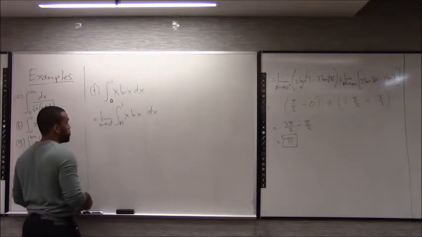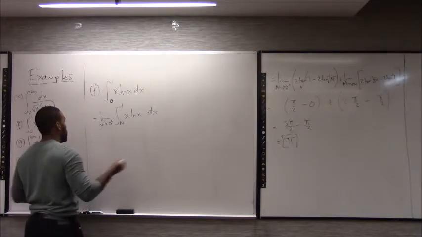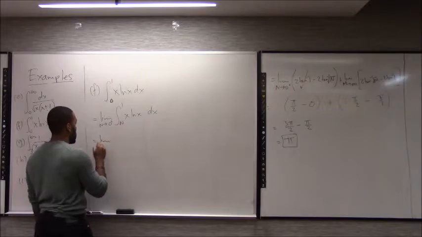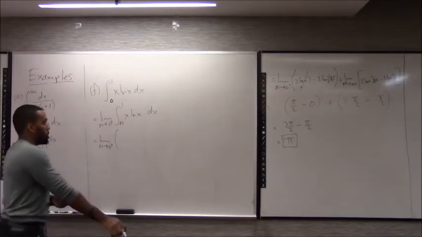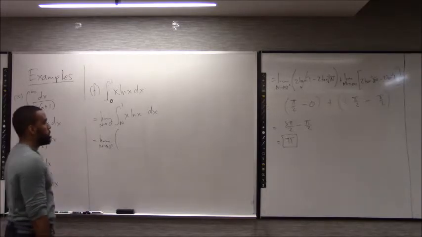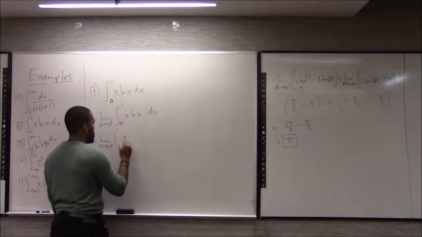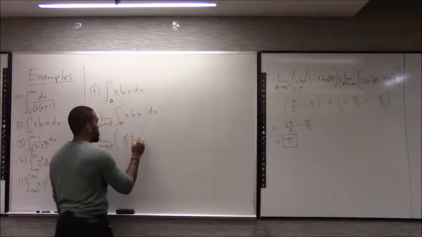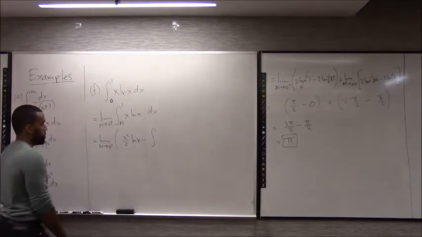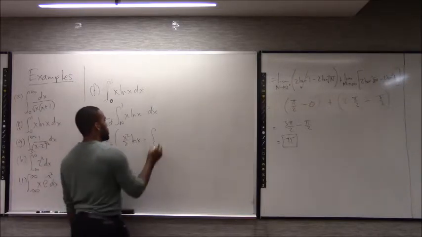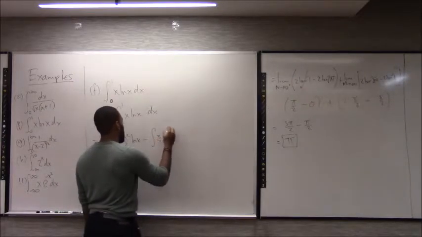Who's the u? ln x. So we'll have u times v. ln x is going to be the u, the v is going to be x squared over 2, so it's going to be x squared over 2 ln x minus the integral of v du. So that's going to be x over 2.